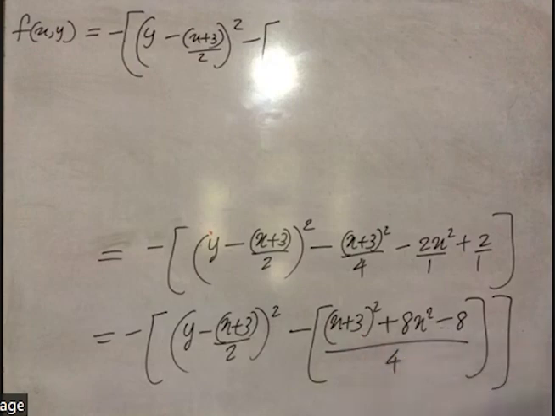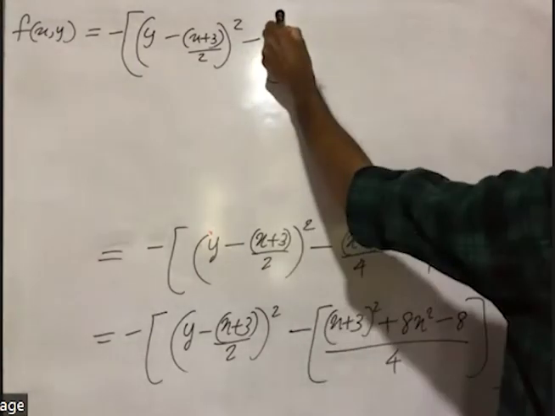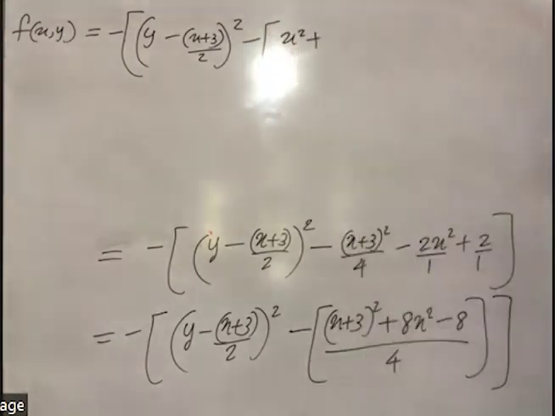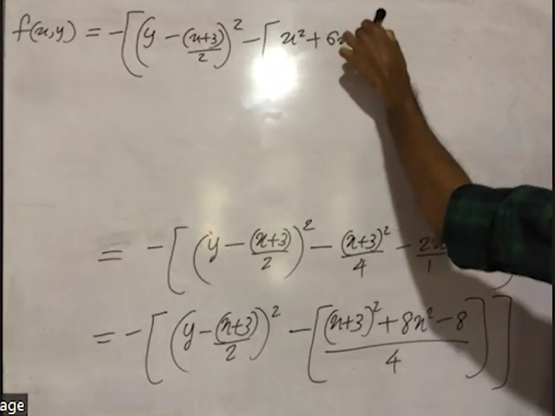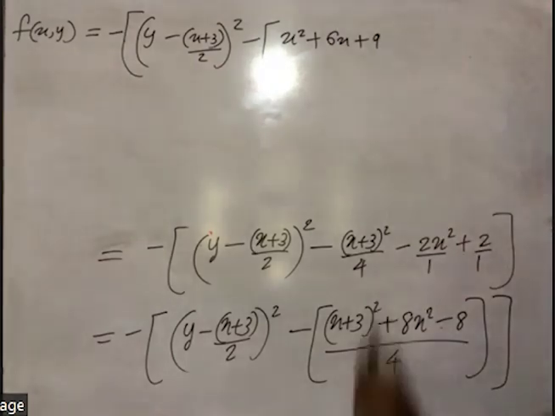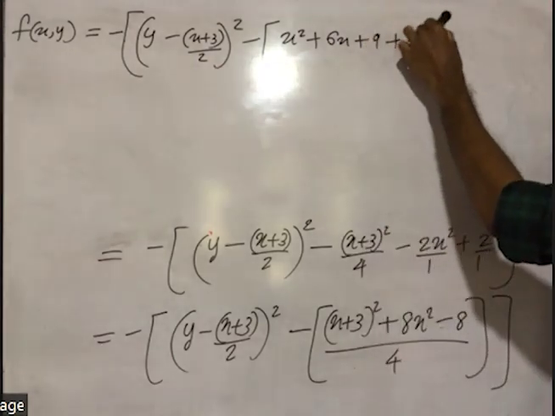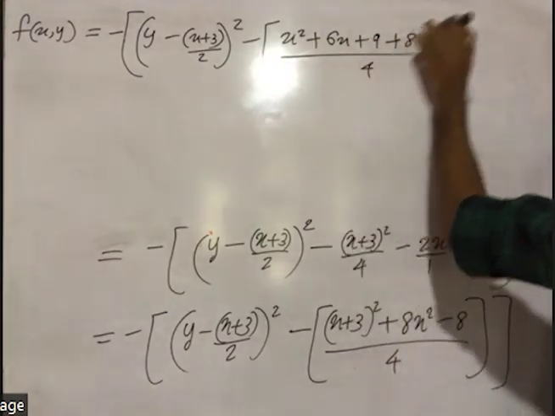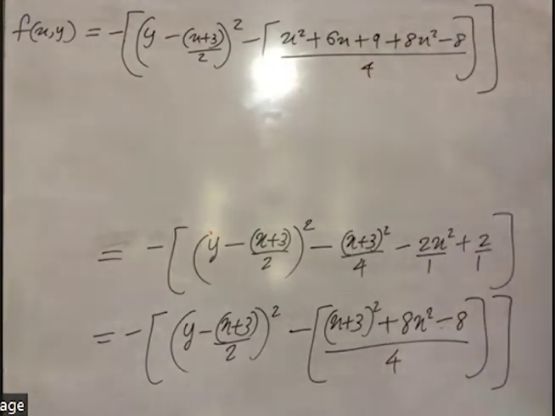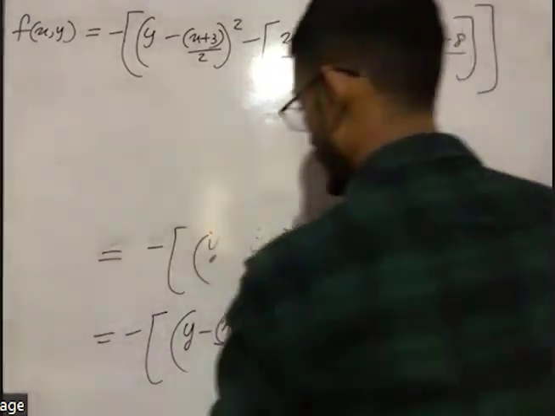Now you can expand this. If you expand this, x squared plus 6x plus 3 squared, which means 9, plus the remaining part 8x squared minus 8 over 4. Right. Now we can simplify this.